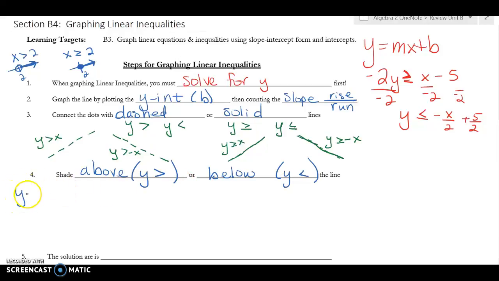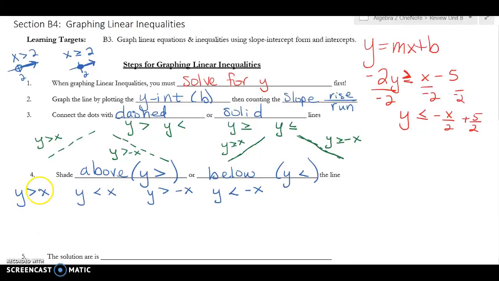Let's say I have y is greater than x, y is less than x, y is greater than negative x, and y is less than negative x. Okay, so I have these 4 lines, and I'm not going to really graph them. I'm just focusing on whether or not I shade above or below.